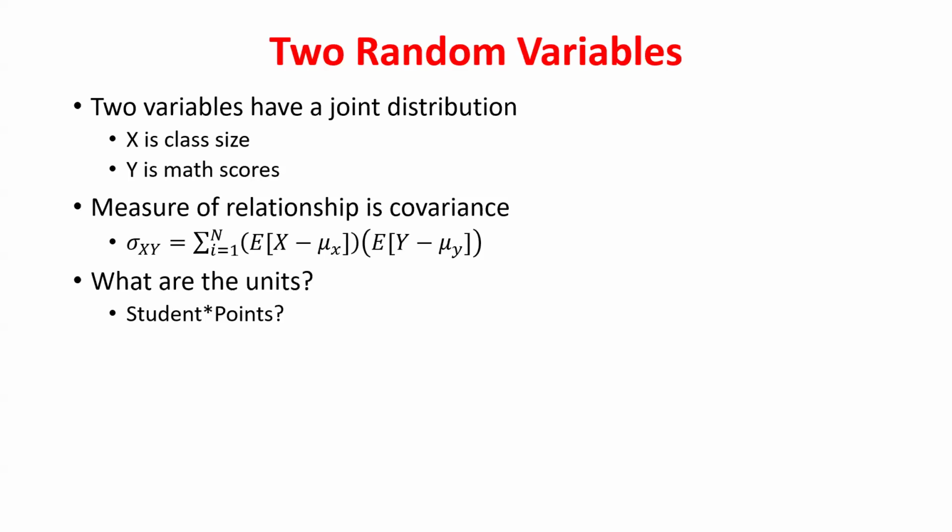So the sign of our covariance tells us, if we were to graph this out, what would a positive covariance look like? Upward sloping, if I'm thinking about the relationship between this X and Y variable. A negative covariance, what would that look like? Downward sloping, okay?